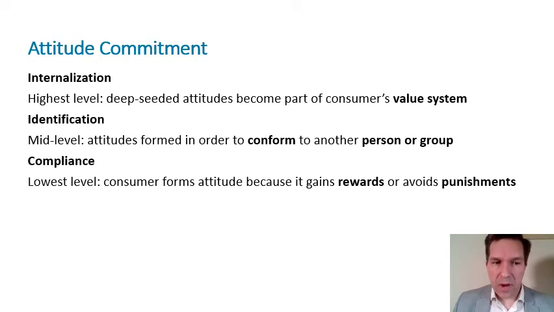Then you have mid-level attitudes in terms of their level of commitment, and those will be what the textbook calls identification attitudes. And these are attitudes that are usually formed because we want to be part of a certain group, right? That group could be your family, could be your group of buddies or friends, and it could be because you want to belong to a particular club, right?